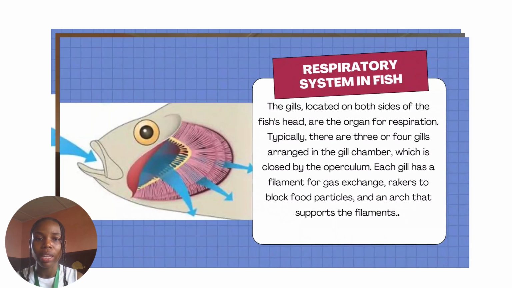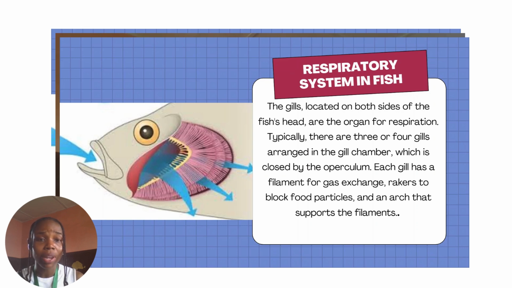Now let's take a look at the respiratory system in fish. Last week I told you that the fish make use of the gills for their own respiration. And the gills are located on both sides of the fish head beneath the operculum. So the operculum is the one protecting the gills because the gills are also a delicate organ that needs to be protected.